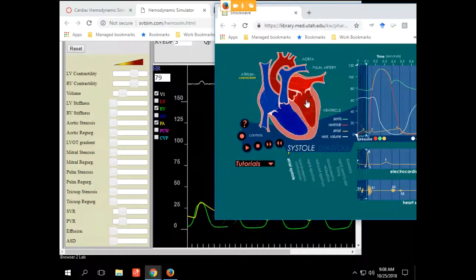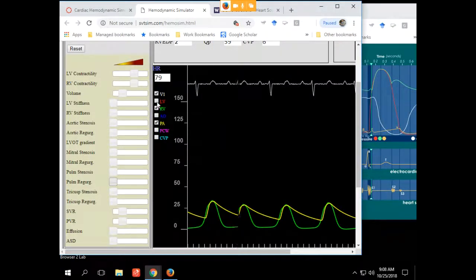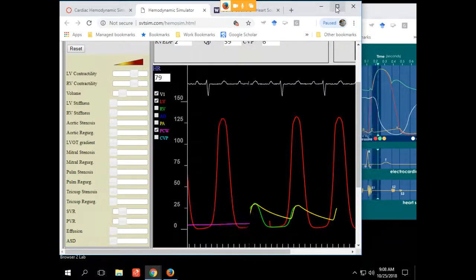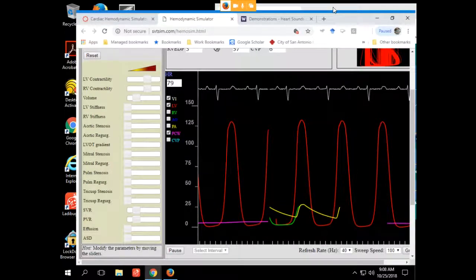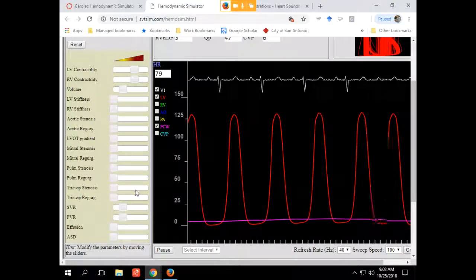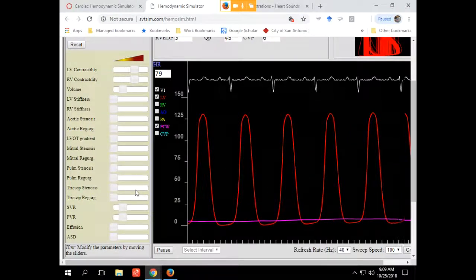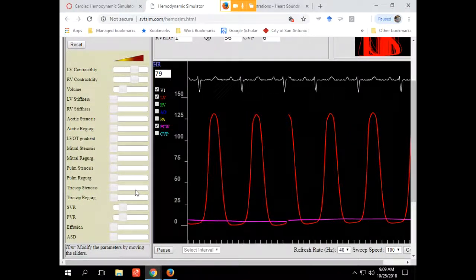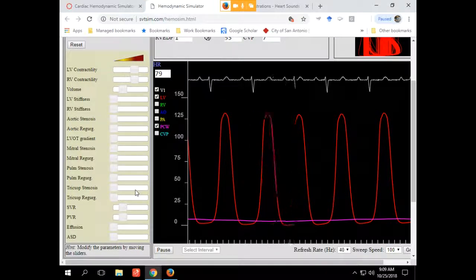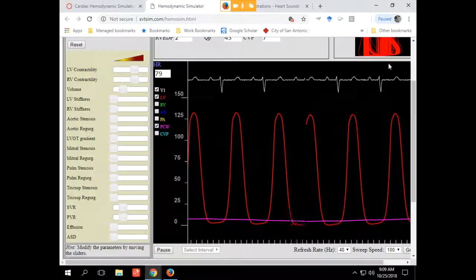All right, so we have that. Let's make this happen. Let's go LV and PCW. Okay, let's look at that. So let's look for stenosis first, right?